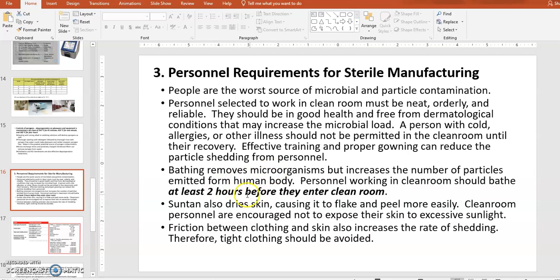So you cannot take a shower and go into the clean room right away. There should be some time when your skin has shed, then you are allowed to go in there. Okay, and suntan also dries skin. So suntan, if you love laying down in a tanning booth, that's not good for working in the clean room, because your skin gets dried after that.